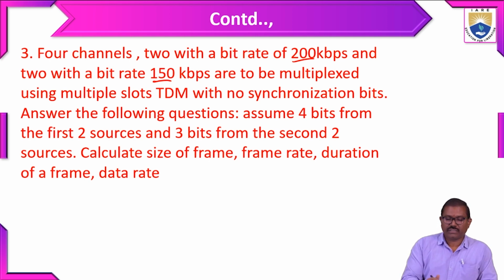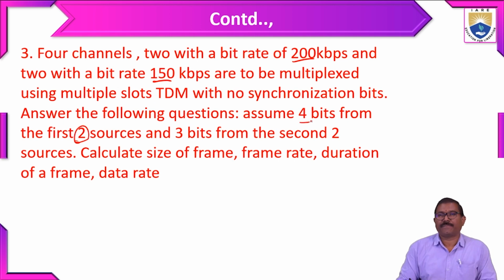So from the first 2 sources we are assuming 4 bits are coming, and from the second 2 sources we are getting 3 bits. So this is the given data. By using this given data, we are going to calculate the frame size, frame rate, duration of frame, and data rate.